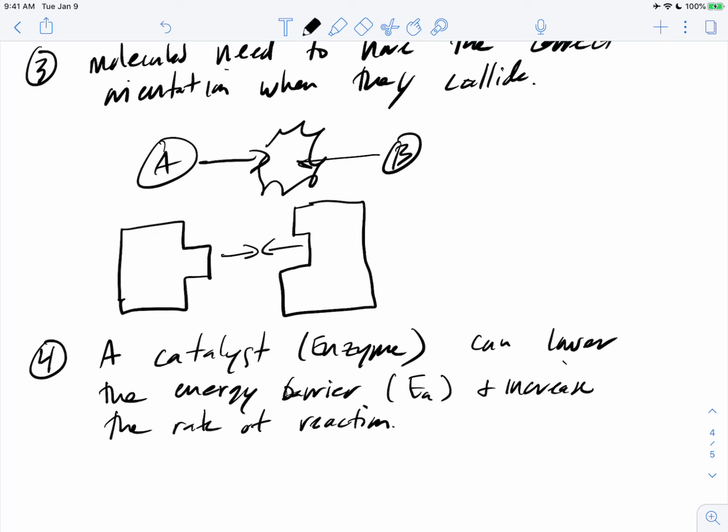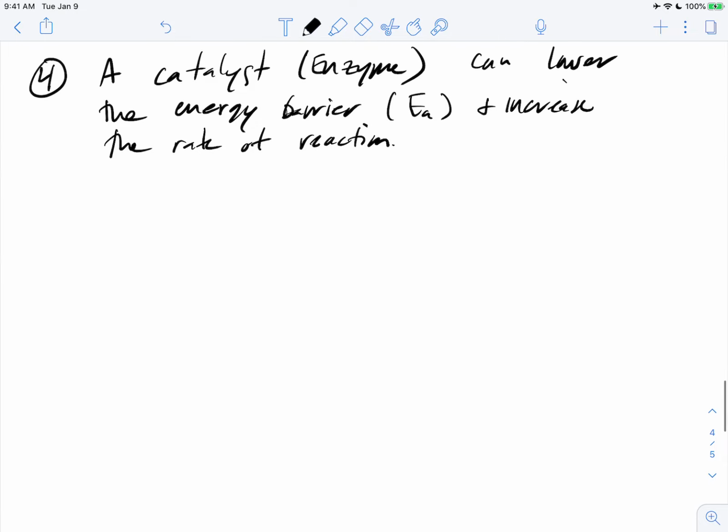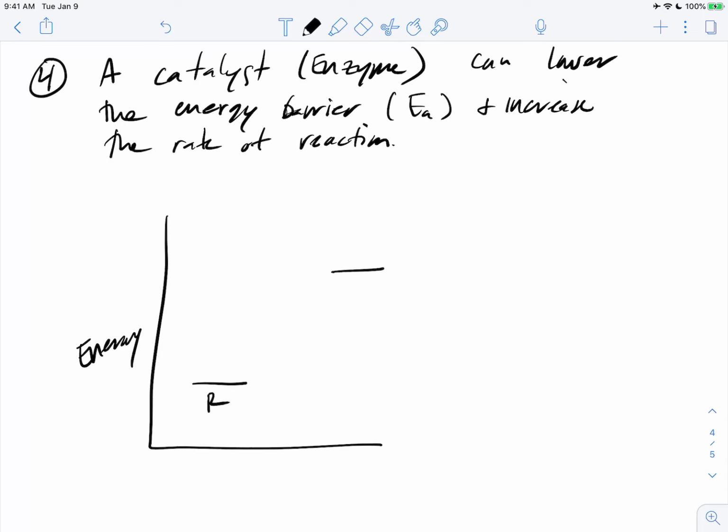So it's pretty cool. Enzymes are very important for making chemical reactions happen quickly that normally wouldn't, by decreasing the activation energy. So if we look at graphically what that looks like, this is still energy. We'll do the one where we have the reactants at lower energy than the products, P. And this is the normal uncatalyzed hump.